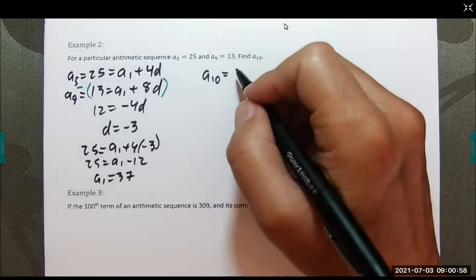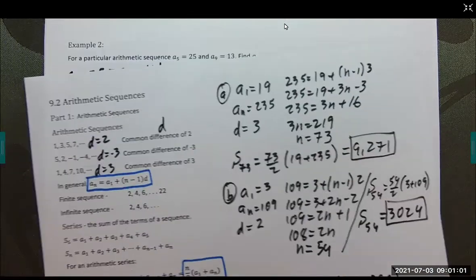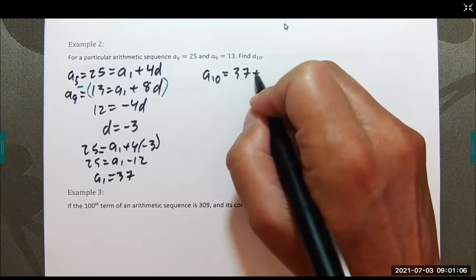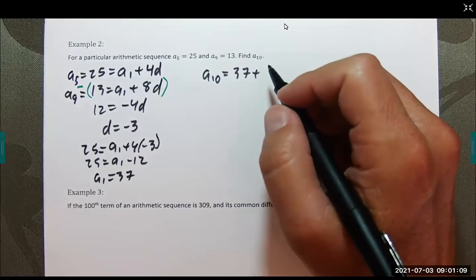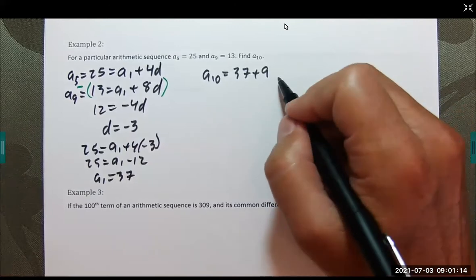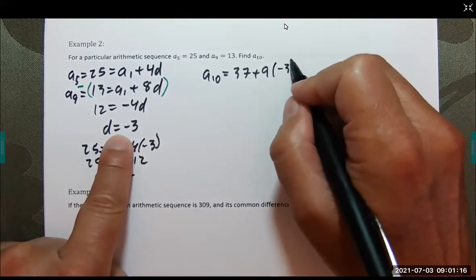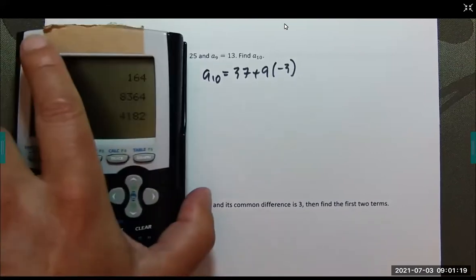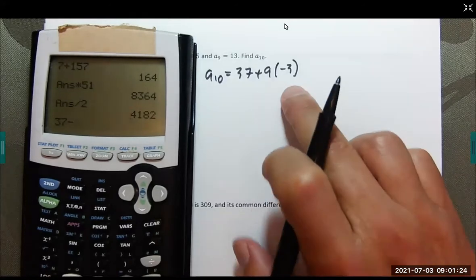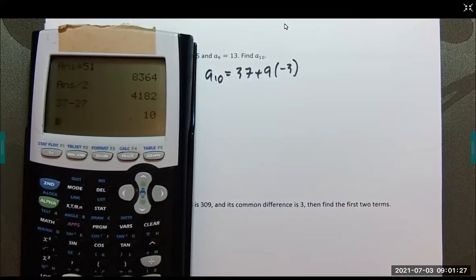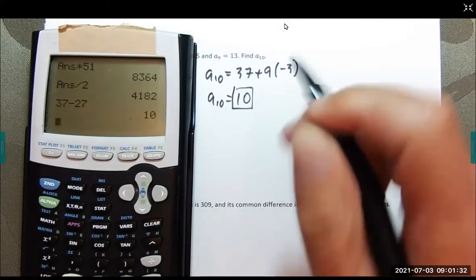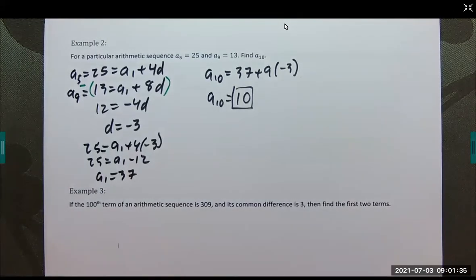So now we can go back to our formula here, now that we know our first term. 37 plus, and 10 minus 1 is the 9, and then our d is negative 3. So now we can crank that out. 37 minus, and I can see that's going to be minus 27. So a sub 10 happens to be 10. All right.